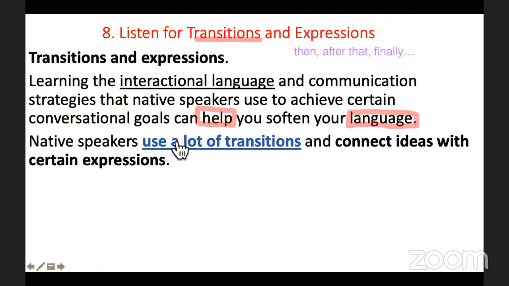And native speakers use a lot of transitions. They use them all the time. They use many different ones. Maybe some that are shorter, such as prepositions like and, to, and etc., which are short, and they also use transitions which are sometimes longer.